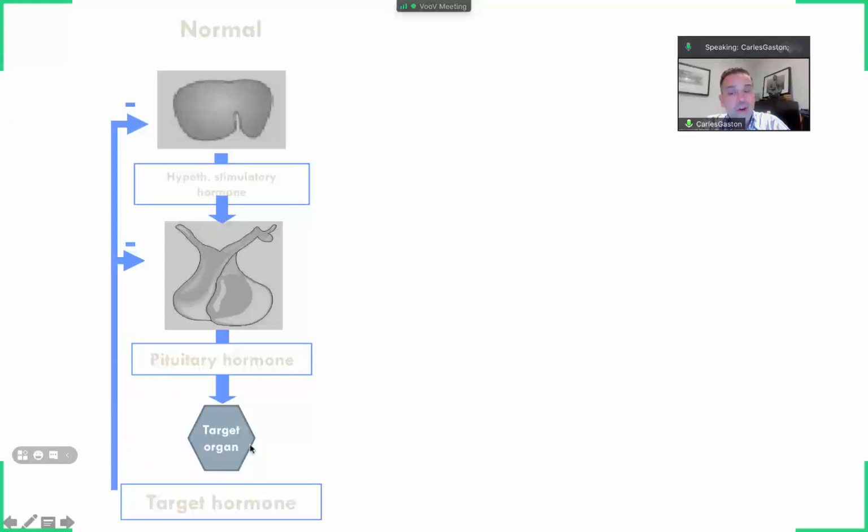Then the target organ will produce a second hormone, right, that has some effect, but that feeds back into the hypothalamus and has a negative role. So it tells the hypothalamus and the pituitary to stop expressing so much of that hormone.